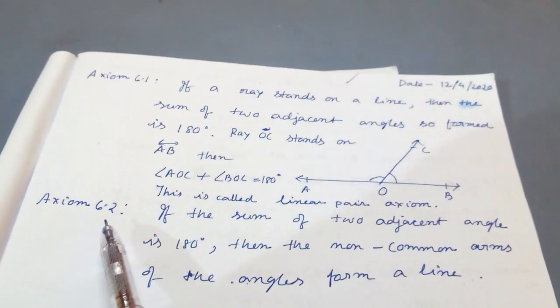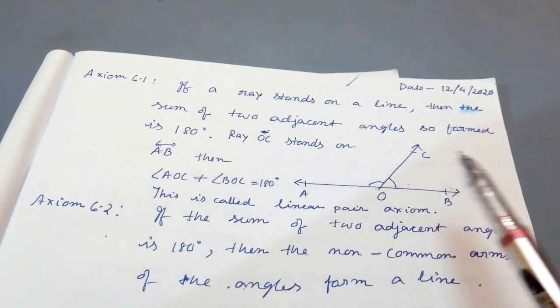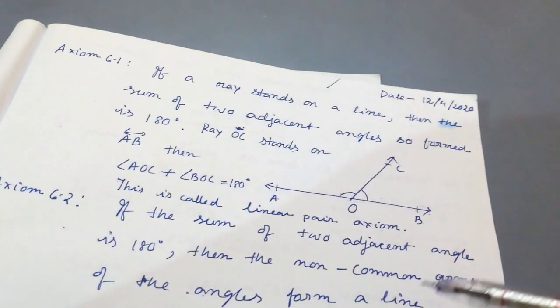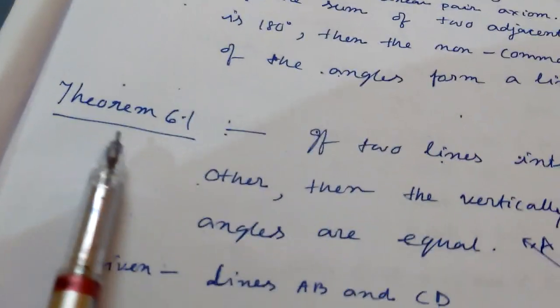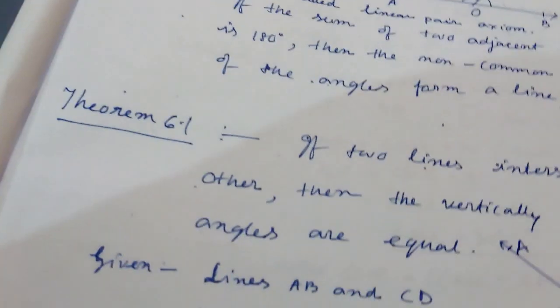You see, 6.1 and 6.2 are axioms, and axioms need not any proof. But theorems need proof.